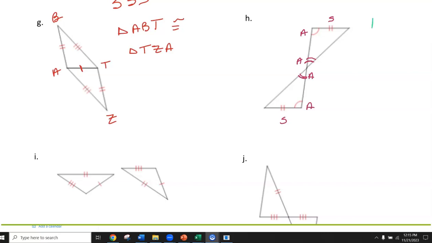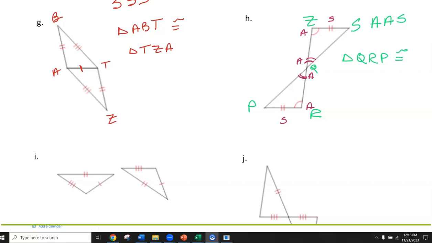So I'm going to have angle, angle, side congruency. And I'm going to call this P, Q, R, S, Z. Okay, so my bottom triangle, I'm just going to call it Q, R, P. And that's congruent.